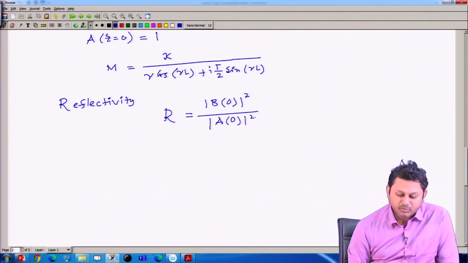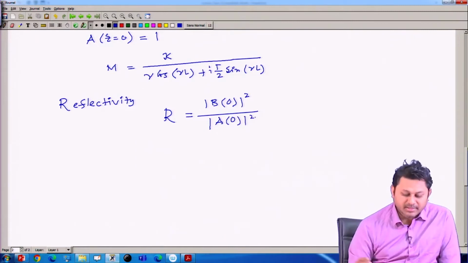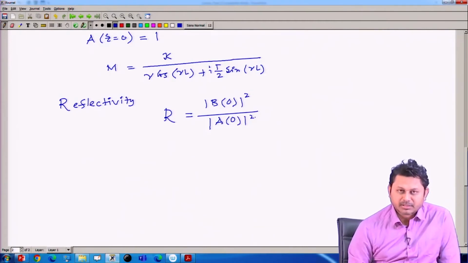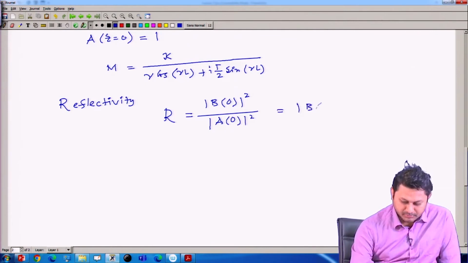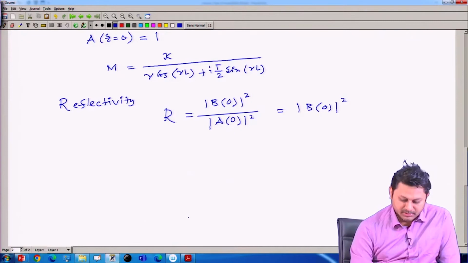So, that means at the input, what is the amplitude ratio of the forward and backward propagating modes, and this value is essentially mod of square, because this quantity is 1.